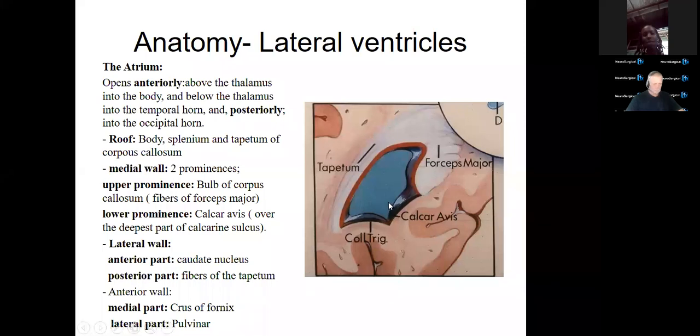The lateral wall has an anterior part represented by the caudate nucleus, and a posterior part represented by the fibers of the tapetum, a part of the corpus callosum. It has an anterior wall, represented medially by the crus of the fornix and laterally by the pulvinar.